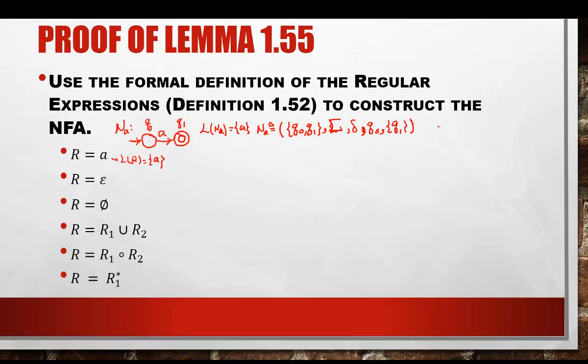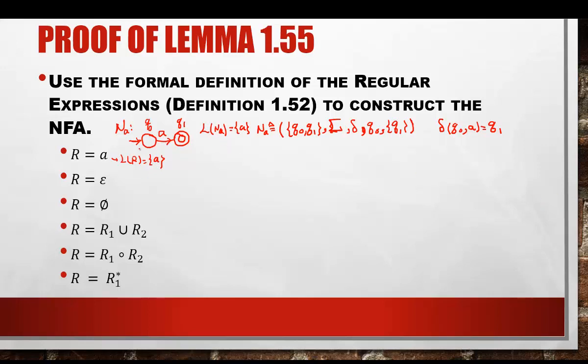The delta is a transition function that goes from Q sub 0, reading A, to Q sub 1. And that's it. This machine, N sub A, recognizes the language described by the regular expression. So that's the first step of my proof.